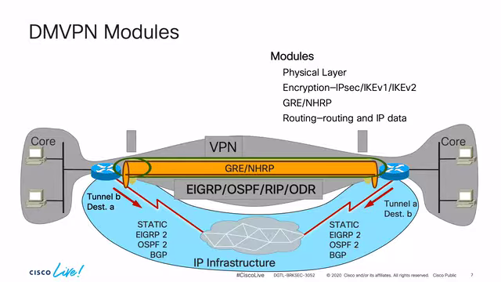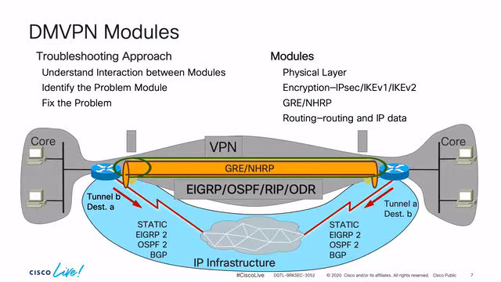For us to successfully build, design, implement and troubleshoot a DMVPN setup, it's very important to understand what kind of interaction happens between each of these modules. And once we understand the interaction, when we are troubleshooting, it's also important to identify where exactly the problem lies and fix it.